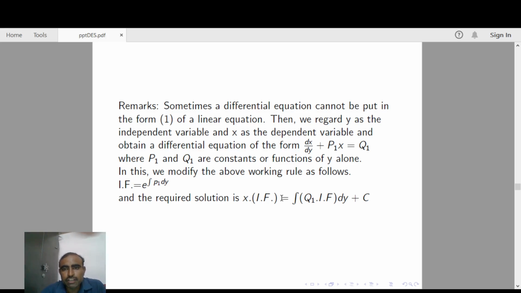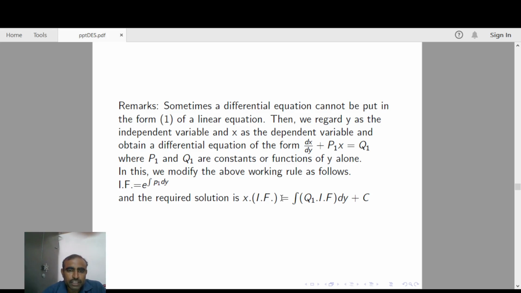Sometimes a differential equation cannot be put in the form of dy by dx plus p of x into y is equal to q of x, a linear equation. Then we regard y as the independent variable and x as the dependent variable and obtain a differential equation of the form dx by dy plus p1 into x is equal to q1.